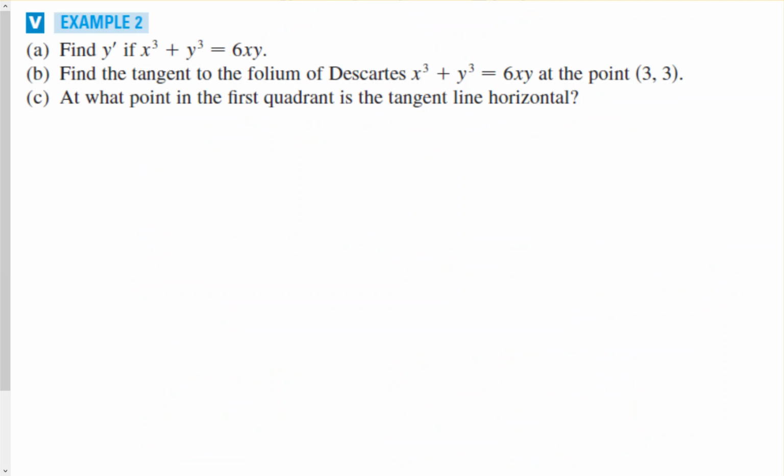Let's take a look at this next example. Find y prime if x cubed plus y cubed equals 6xy. Let's get the derivative of each side.